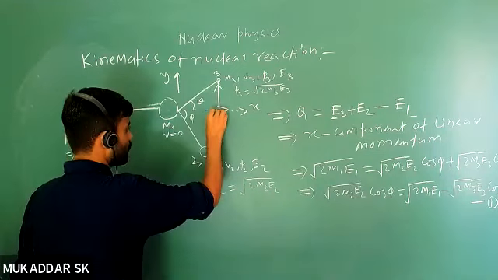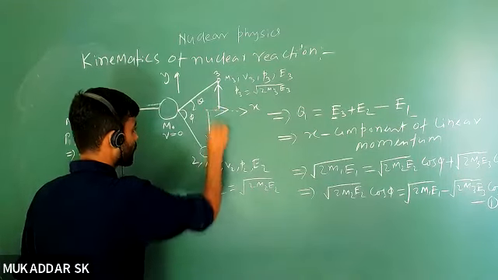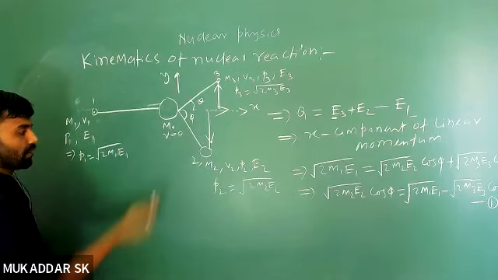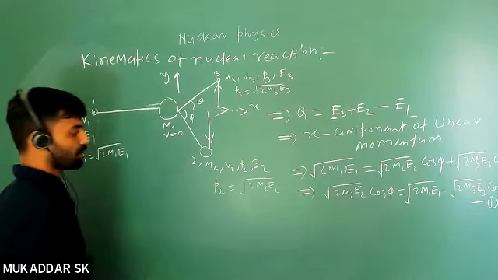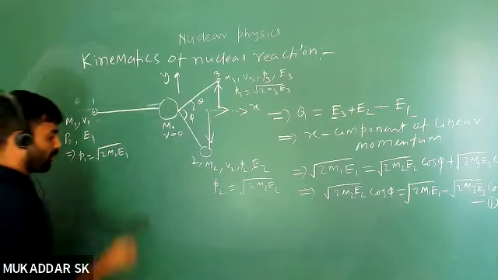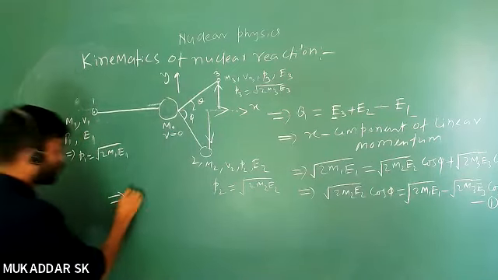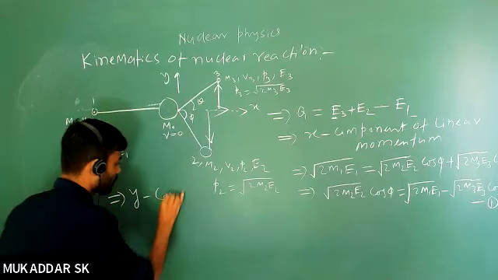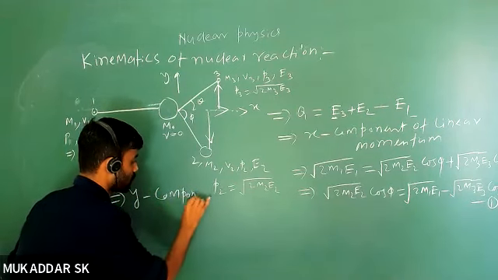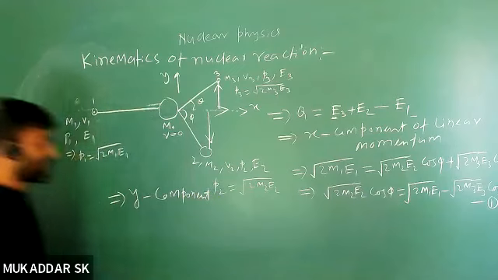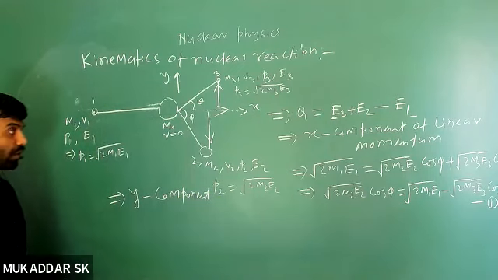Exactly. And for this particle, it will be along the negative y-axis, and that will be root over twice m2 e2 sine phi, right? Since they are in opposite directions, from the y component, every component of linear momentum is conserved before and after the reaction.